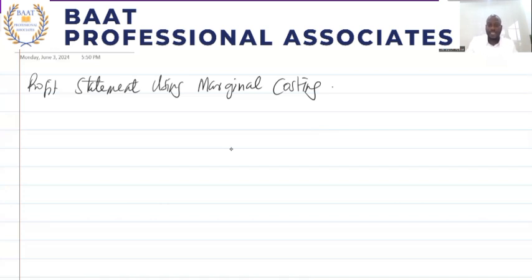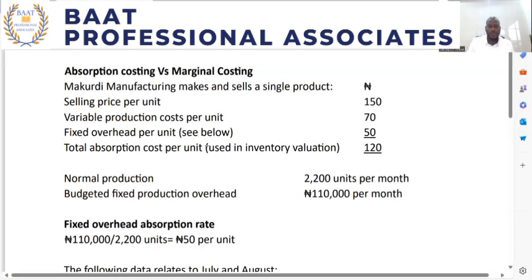So our profit statement, let's have a Naira sign here for July and Naira here for August. Revenue. What will be our revenue in July?